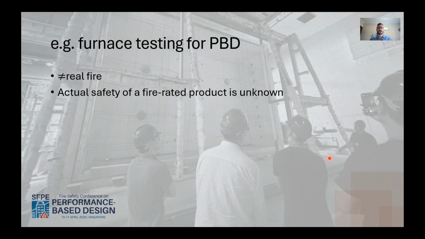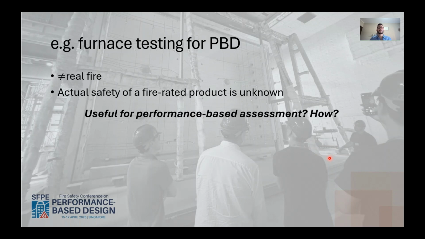We don't know the failure probability of a structural element which has a given fire resistance. So the question is, can furnace testing be useful at all for performance-based design? And if so, how should we design the testing protocol to best support performance-based design?